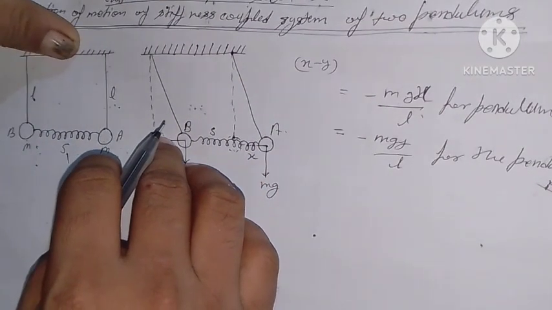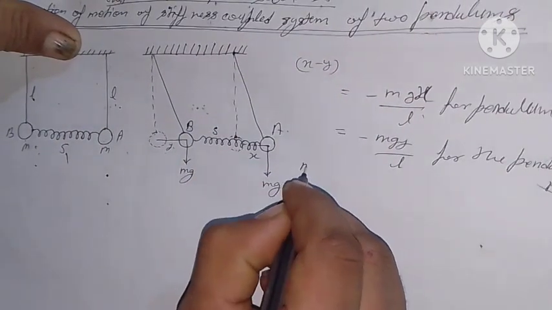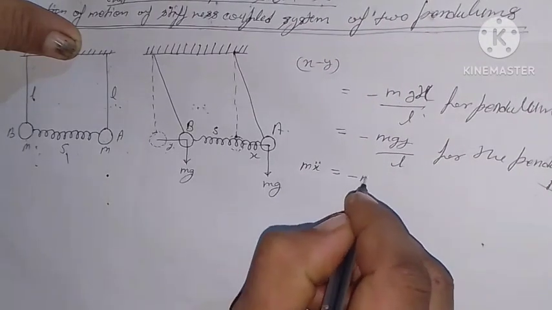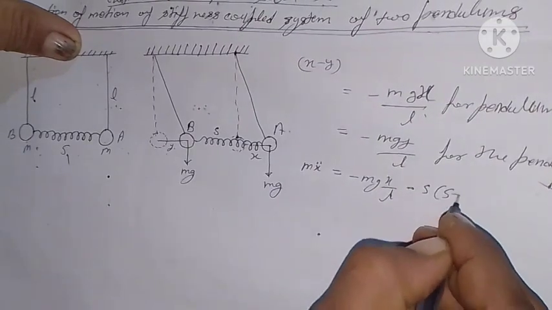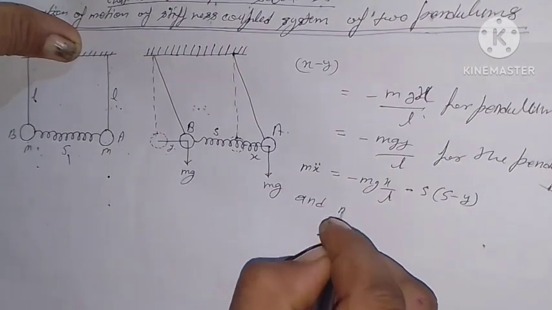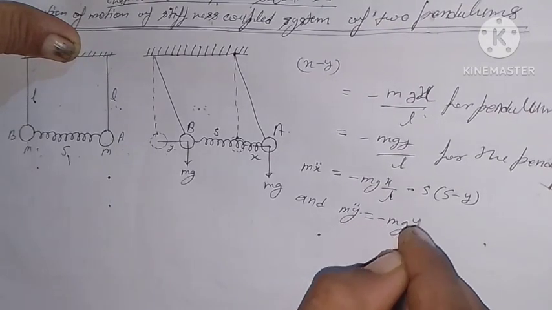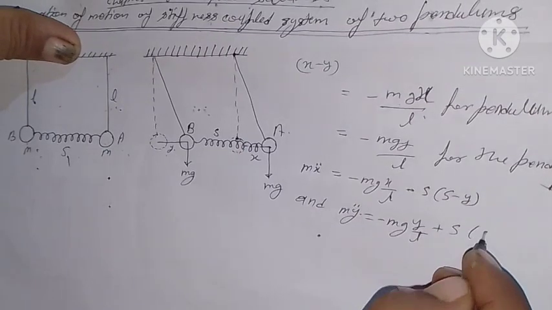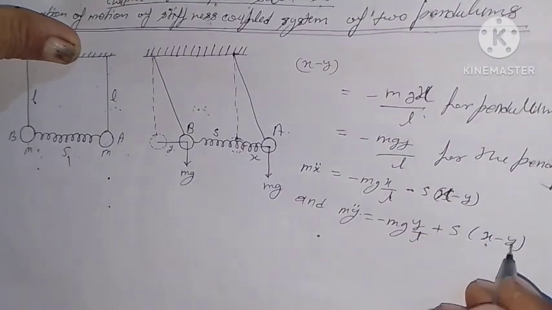Then the equations of motion for pendulums A and B are respectively: m d²x/dt² equals minus mgx by L minus s times (x minus y), and m d²y/dt² equals minus mgy by L plus s times (x minus y).